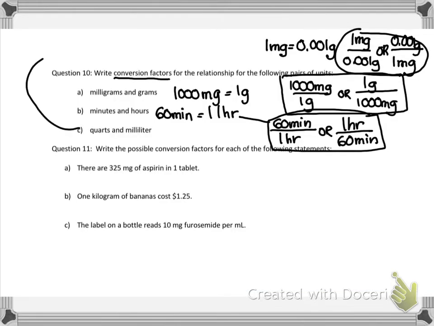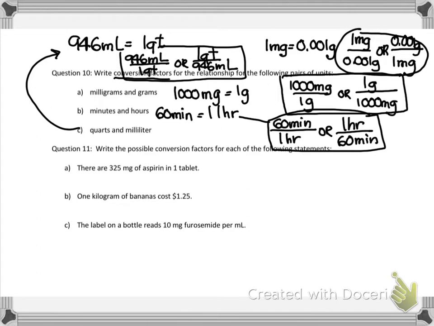So I'm going to come up here. 946 milliliters equals 1 quart. Okay, that's the equality. That's not the conversion factor. The conversion factor, I would just take it and I would say 946 milliliters over 1 quart, or 1 quart over 946 milliliters.